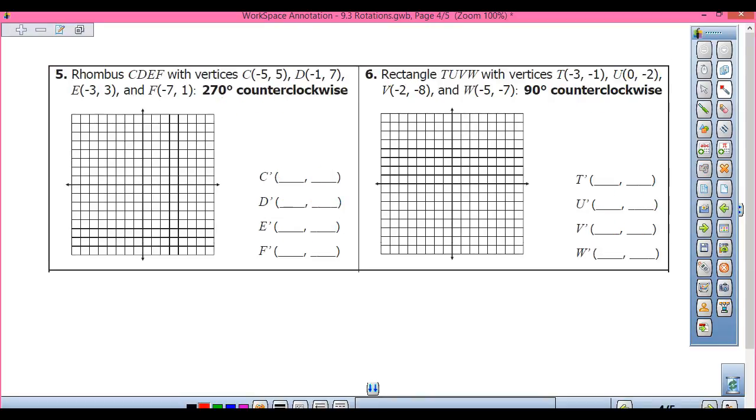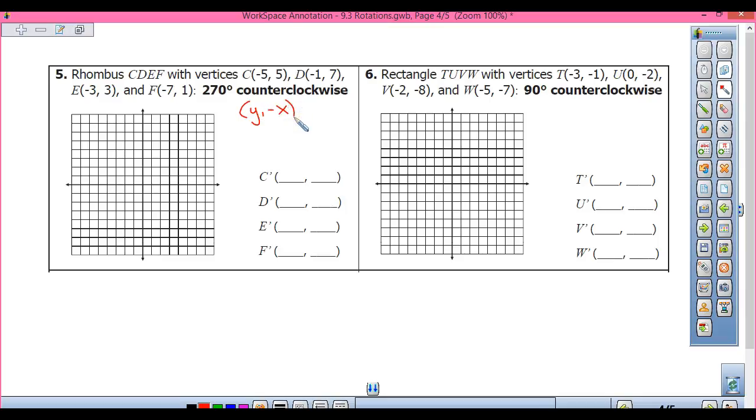Okay, I want to do 5 and 6. And one more 270 and one more 90. So my rule for 270 is (y, negative x).